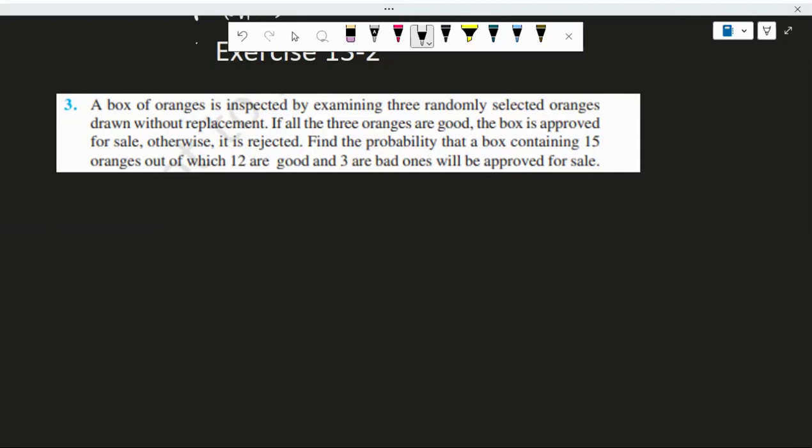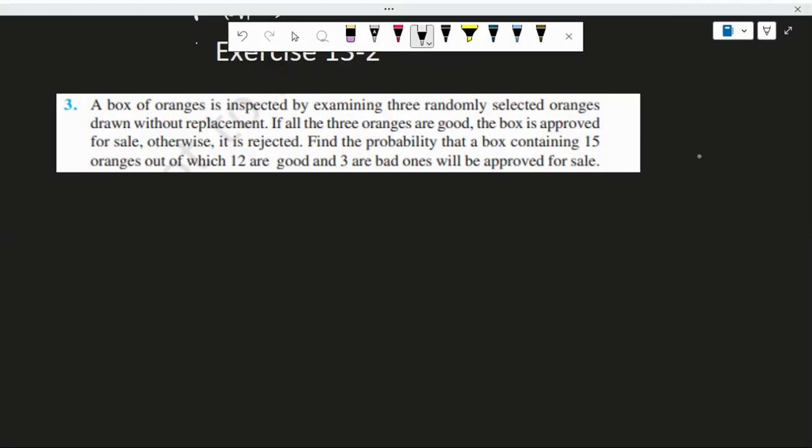Find the probability that a box containing 15 oranges, out of which 12 are good and 3 are bad ones, will be approved for sale. 15 oranges are there, 12 are good and 3 are bad. 3 oranges are selected randomly and they are all good and the box is approved for sale.